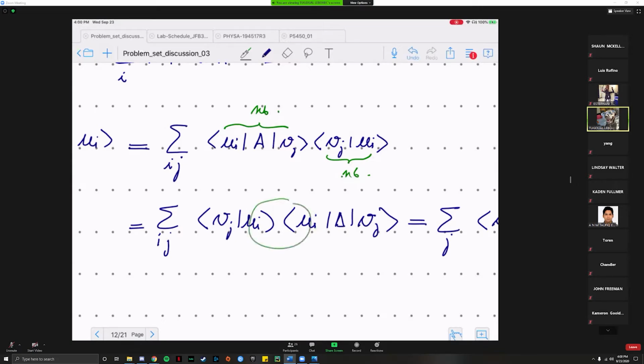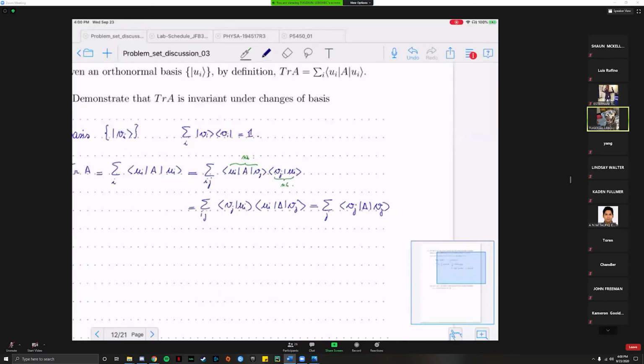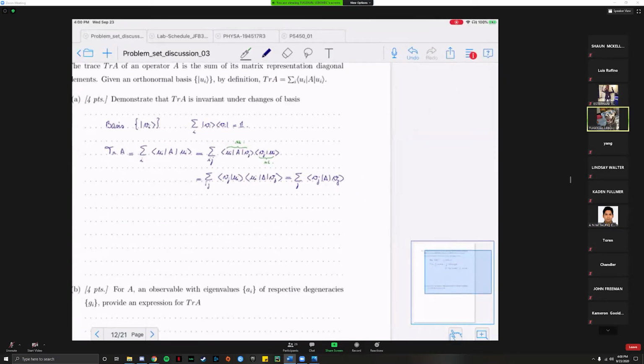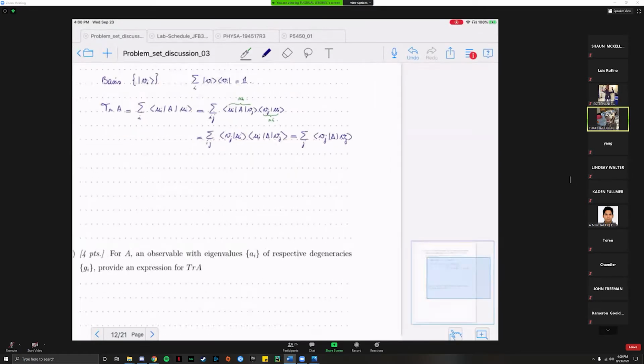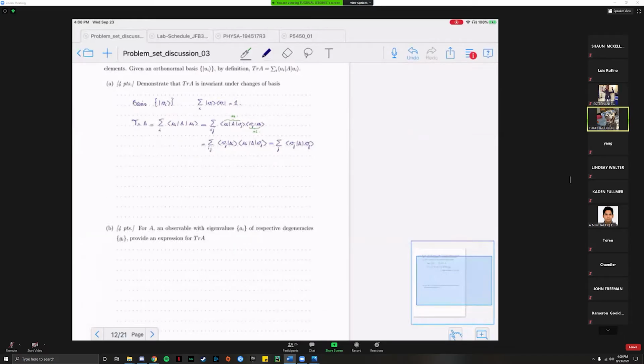So this closure relation would have appeared here instead of here, but it would have been the same. But maybe you can do it for yourself to feel more confident about it. You feel good?